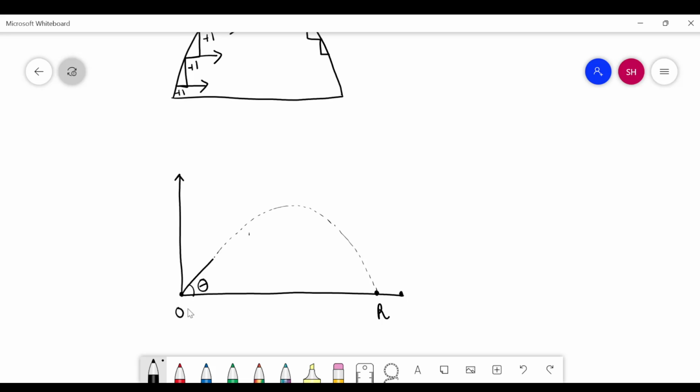So this distance on the x direction is called the range of the projectile.